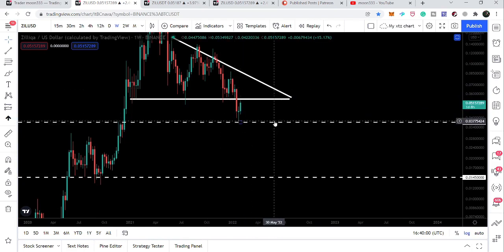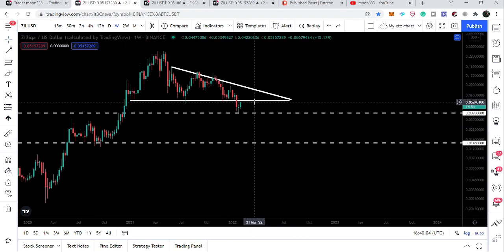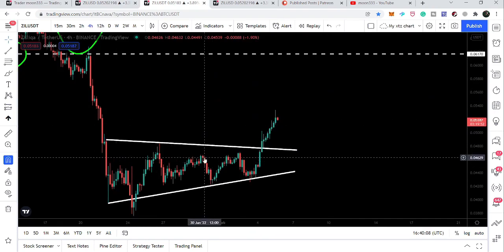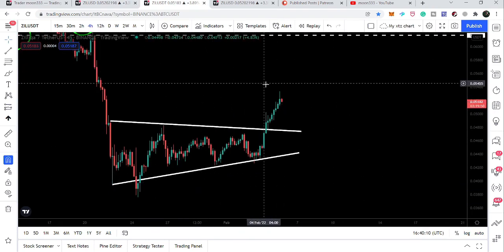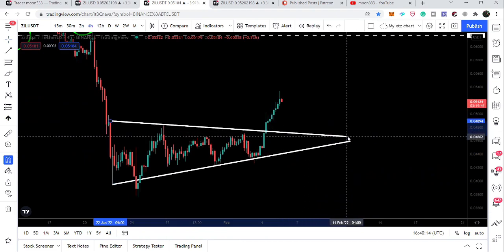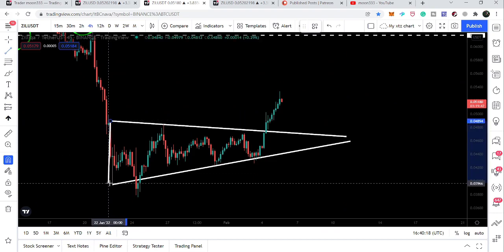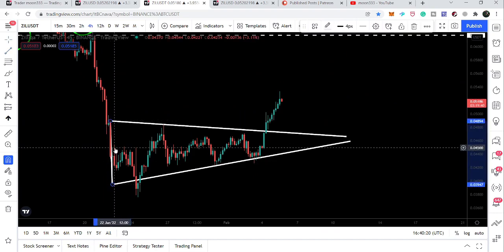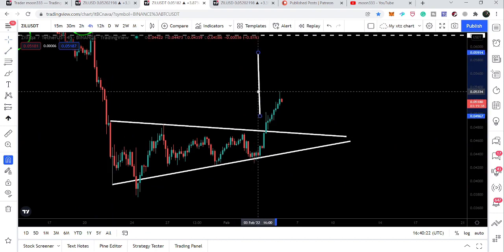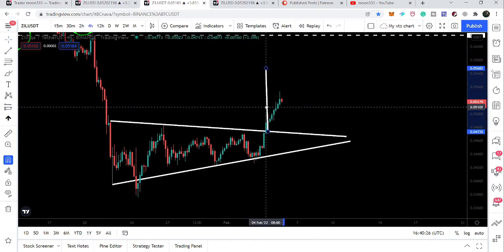Right now, we are going to break out the previous support of this triangle as a resistance. Before this, the price line has broken out this small triangle that was formed on the 4-hourly time frame. And you can see that finally we have broken out. And I was telling you that if we break out this triangle, then our next imminent target after this breakout will be approximately at 5.5 cents.